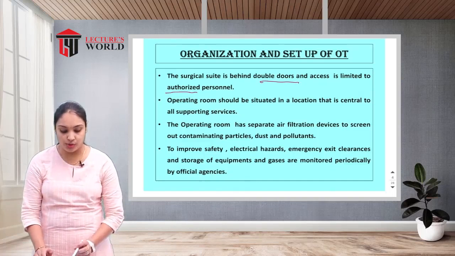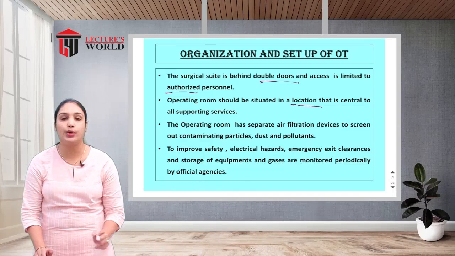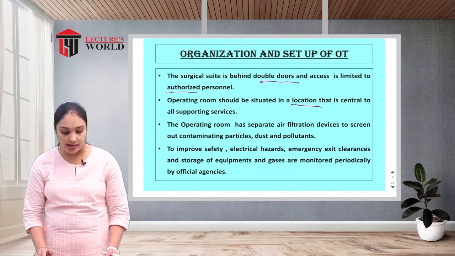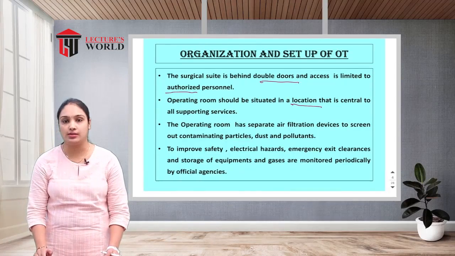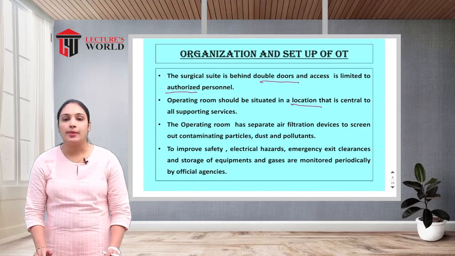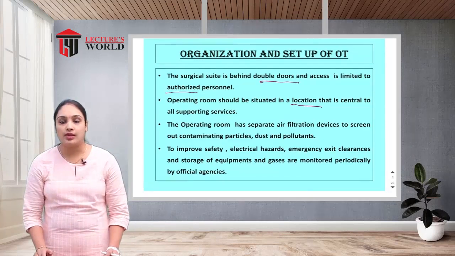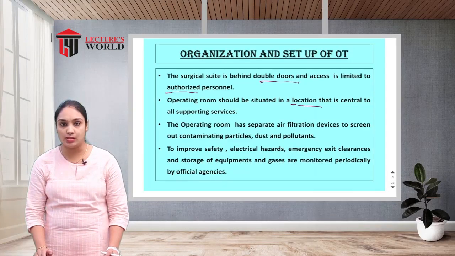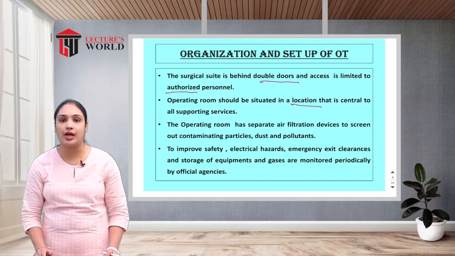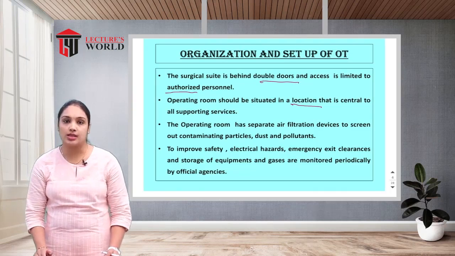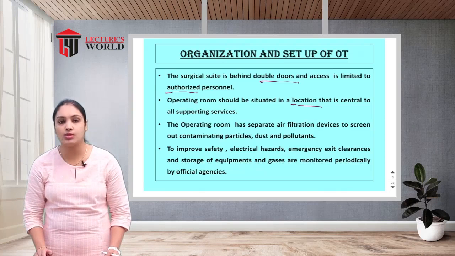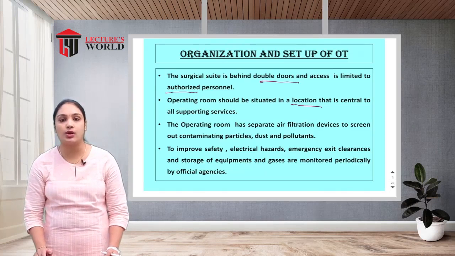The operation room should be situated in a location that is central to all supporting services. Whenever we require laboratory services, the radiology department, or blood transfusion during surgery, it should be central to all these departments.